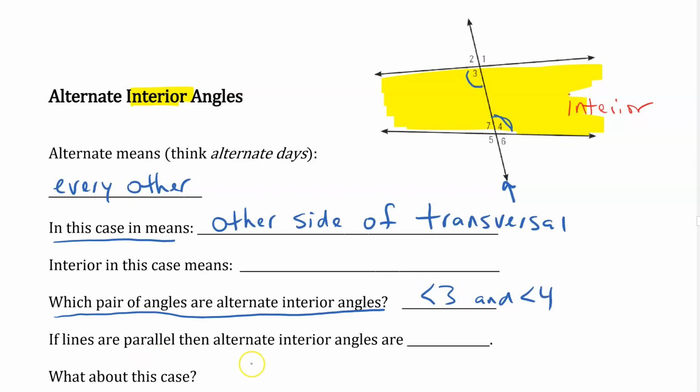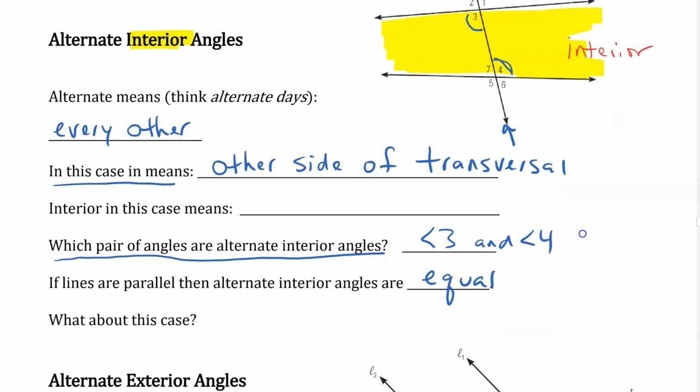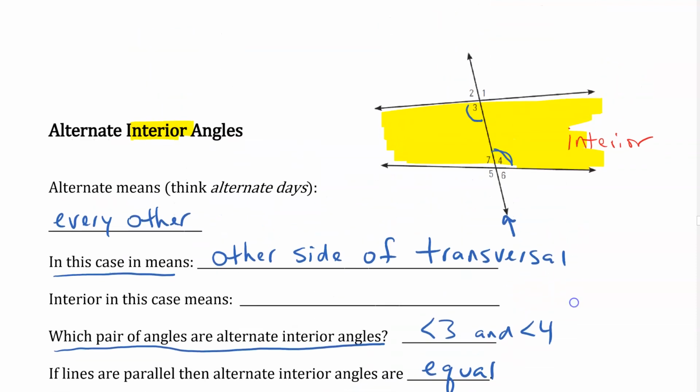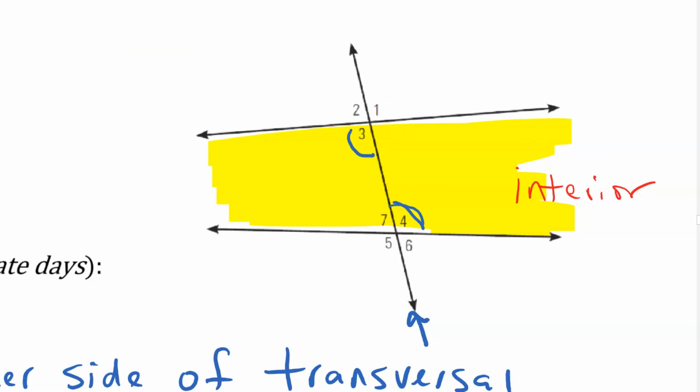If the lines are parallel, then alternate angles are equal. Are these lines parallel? No. Are angle 3 and angle 4 equal? No. So in this case, not parallel lines, so angle 3 is not equal to angle 4. What if I added a number here?